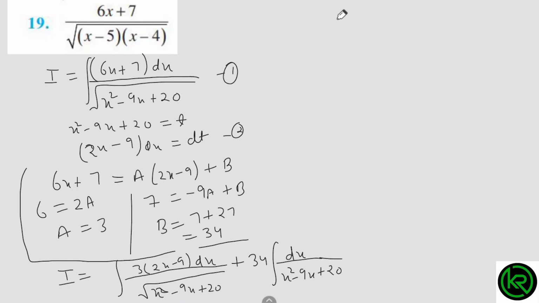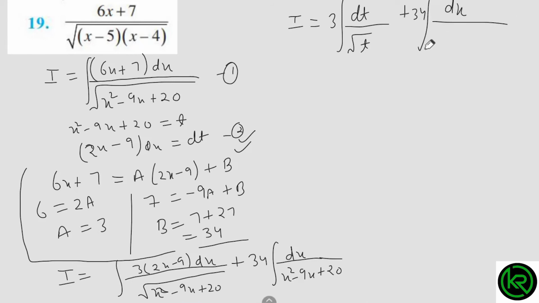Now the first one, you can see, use equation 2 in this first one. So you will get 3 times 2x minus 9 multiplied by dx is dt, and x square minus 9x plus 20 is t, so you will get under root t, and plus 34 times the integration of dx, and here is under root also, I forgot.